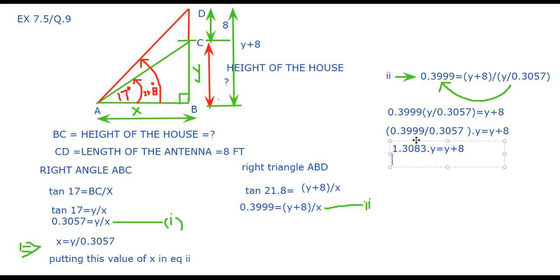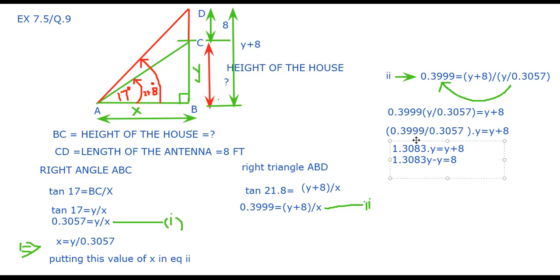Now what else is required? I have to keep y's on one side and all constants on the other side. For that purpose, I will shift y from the right hand side to the left hand side and do the subtraction, keeping 8 only on one side.